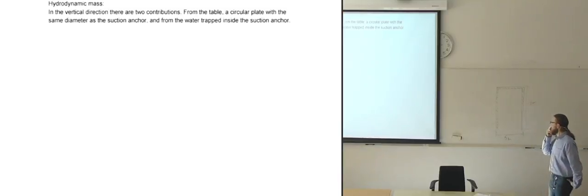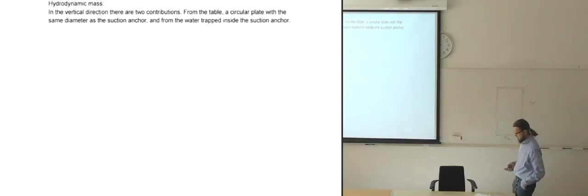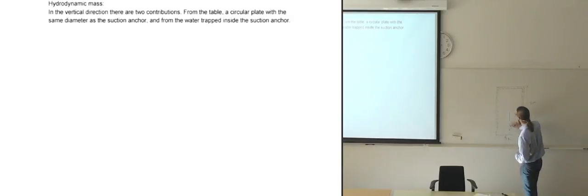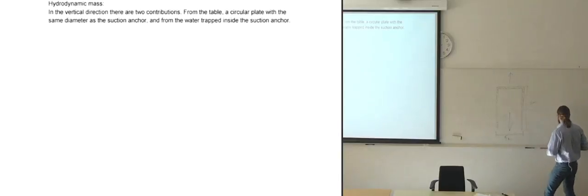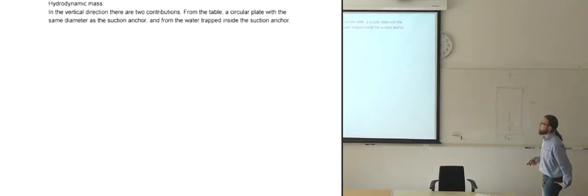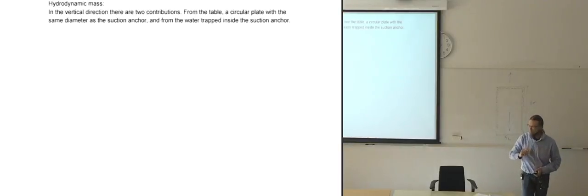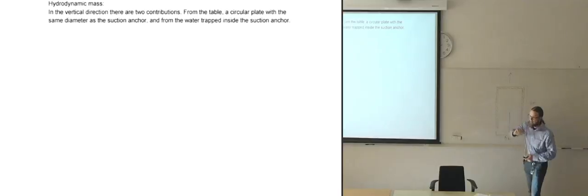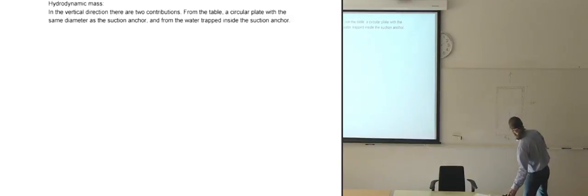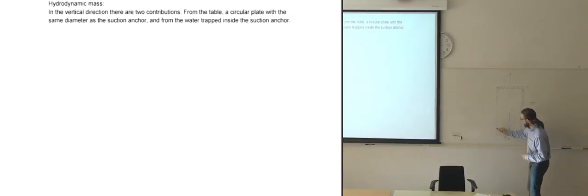So then we're going to start looking at the hydrodynamic mass. So in the vertical one here, let's see what we're doing. We're looking at the vertical direction of movement. We are getting two contributions. So we are getting the circular plate up top here. So this one will act as a circular plate, and we can look at it there, because we have the same diameter down here as we have up here.